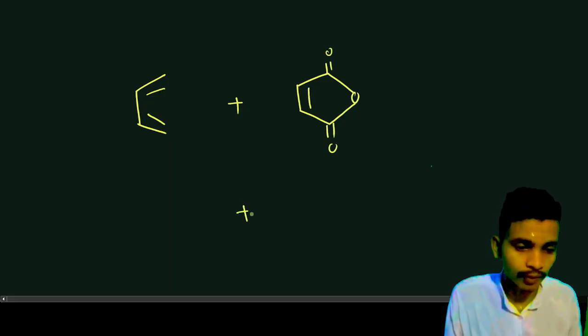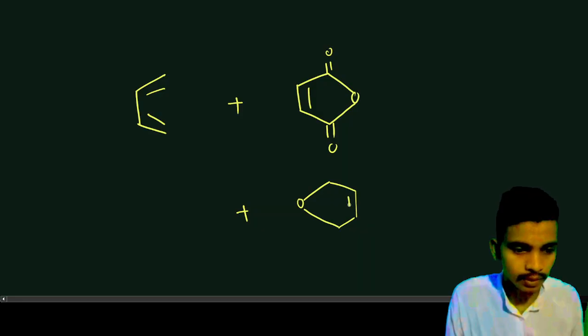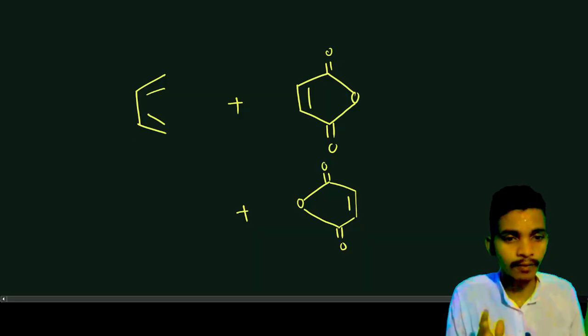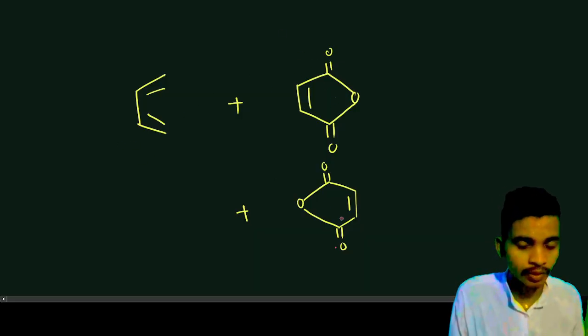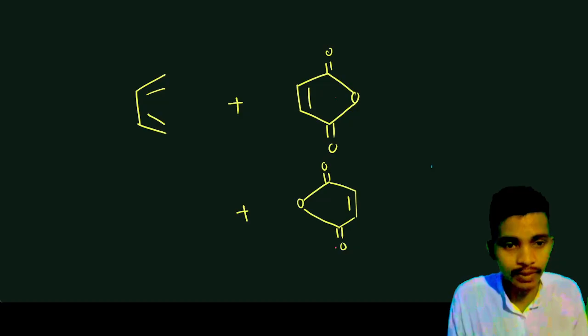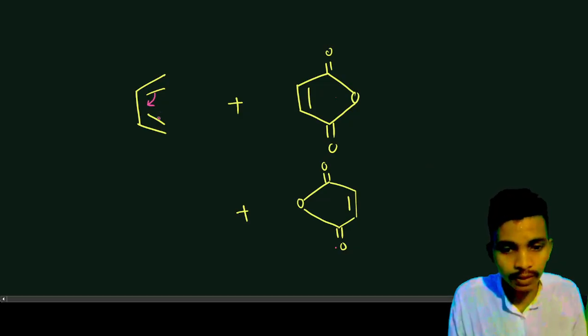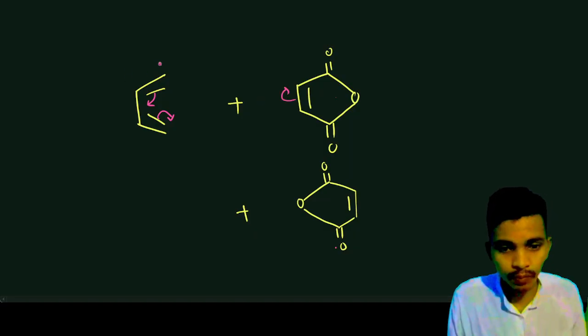This is the dienophile case. The dienophile can have either this orientation or this orientation. You see the interactions where the bond actually forms, so this is going to shift here, this is going to shift here, and this is going to shift here. So it means that this is one, and if I name this positive, then this is negative.